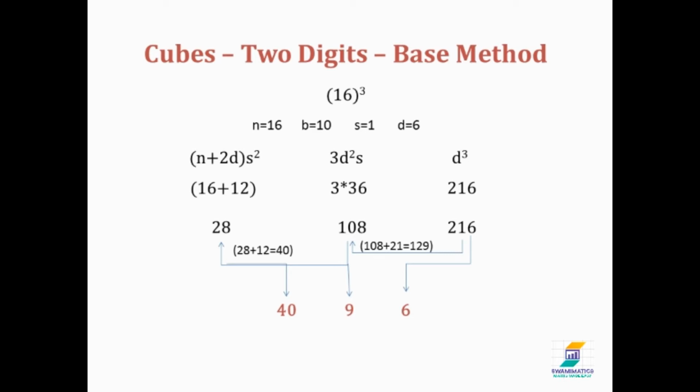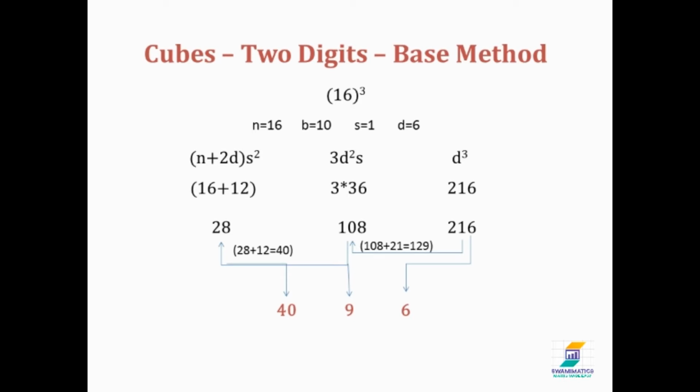If you look at the number here, I can also take 20 as a base. But if I take 20 as a base, what will happen? The deviation will be minus. Right? Because 16 is 6 more than 10, the base, so it is positive. 16 is 4 less than 20.